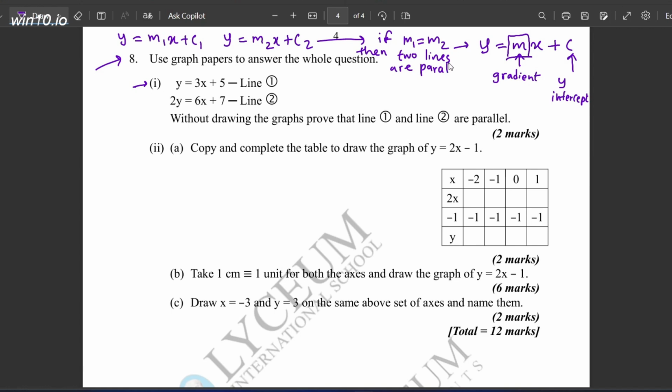That's the theory behind this. Okay, now if we can show that the gradients are the same, then we can say that these two lines are parallel.